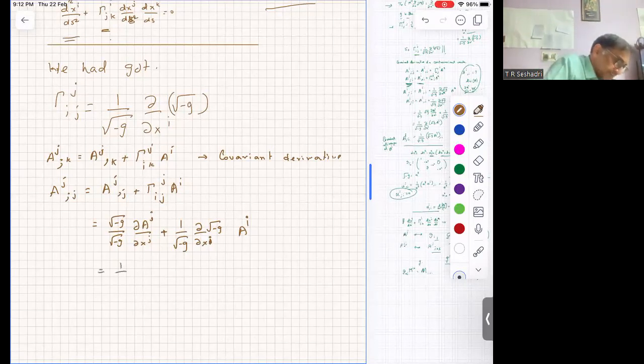And then this is equal to nothing else but square root of minus g del by del x. Since this is a dummy index, I can convert it to j. Let me write that step also in between.